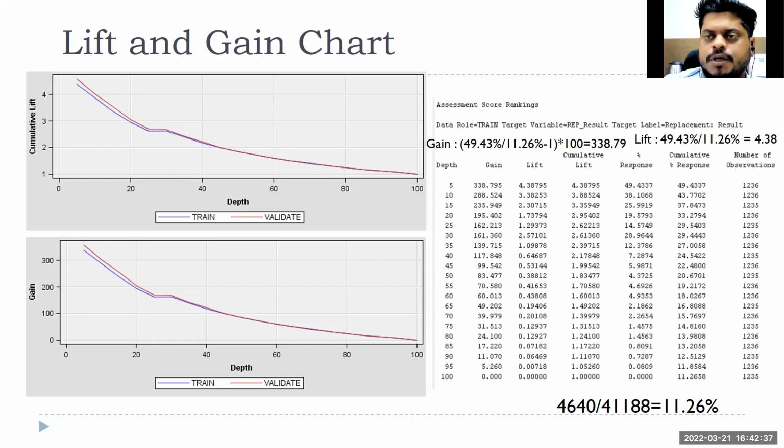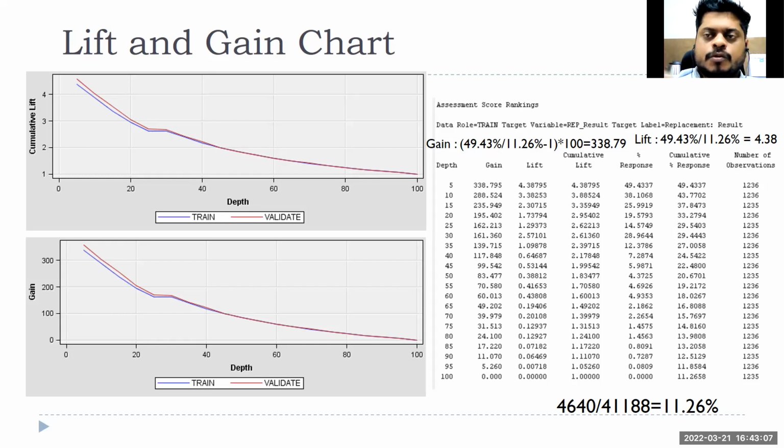And this is the most important, and it makes much more sense for a business person, because he will not understand what is a classification error or what is an odds ratio. He is not at all interested in that. But if I'm able to show this at the end and say how my model is going to help with a simple example: if you go with the random choice of customers without any predictive model, you are again going to spend 12.5 lakhs.